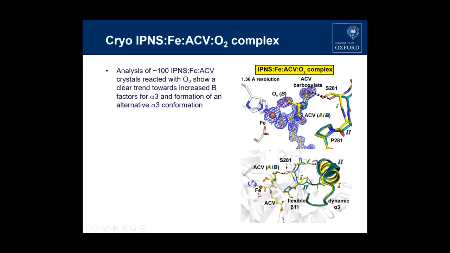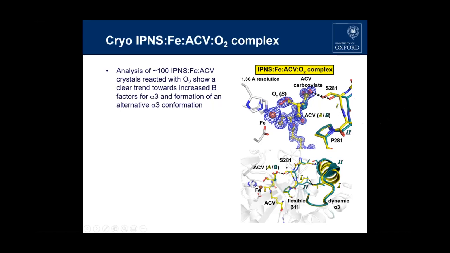In most of the crystals where we see clear positive density next to the vacant iron site, there were also increased B factors. In all of them, there were increased B factors of the alpha-3 region. And in some of them, it was actually possible to trap a second conformation.